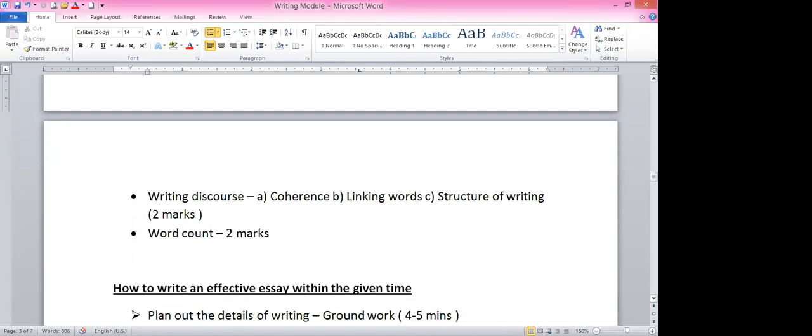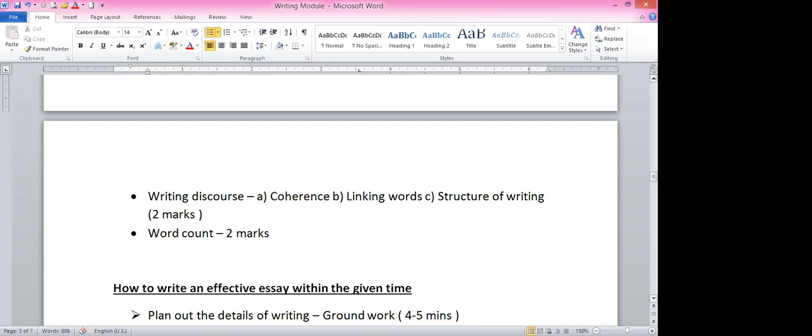Okay, so writing discourse is divided into 3 parts, and altogether it gives you 2 marks. That's coherence. So the essay should be clear and understandable, and you have used proper structuring, proper spacing of the words, everything. And linking words, which I just now said, are your connectors. So you're putting the connectors properly. You're not giving similar information and writing a contrasting connector.